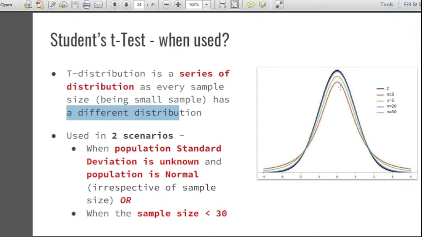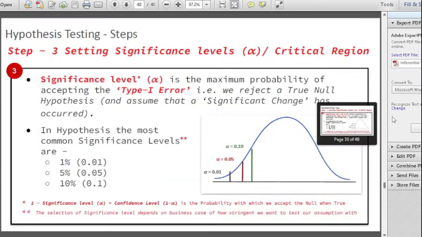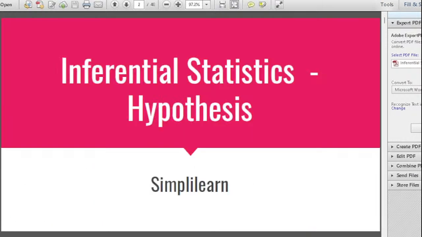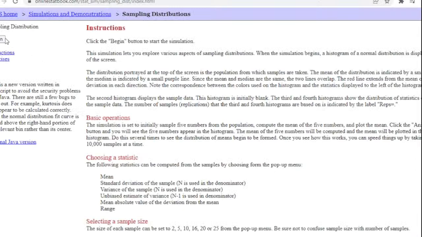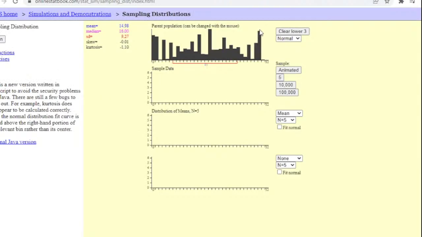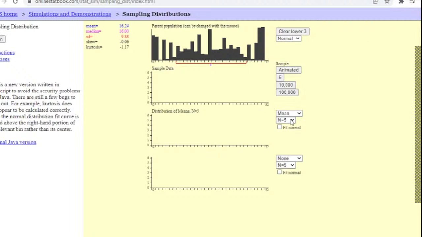If you're not able to recall, let me show it again today, but I'm not going to spend much time. If n is equal to 5, can you see the variability?